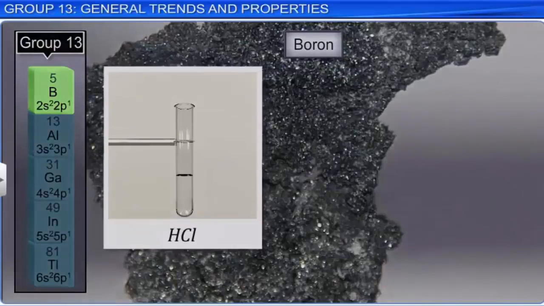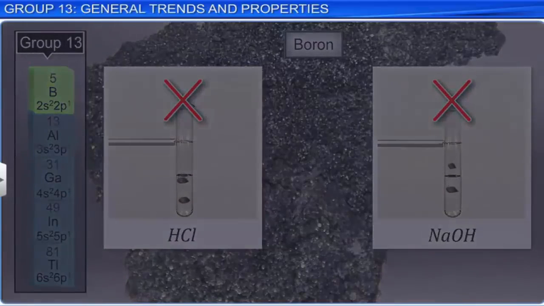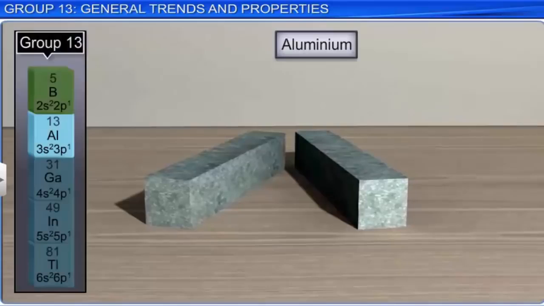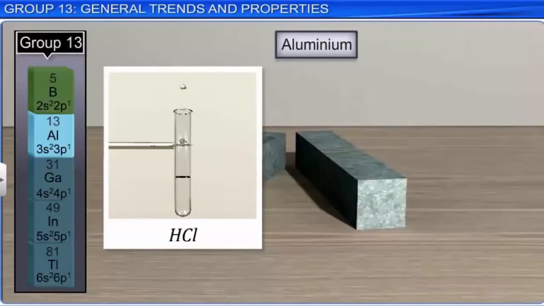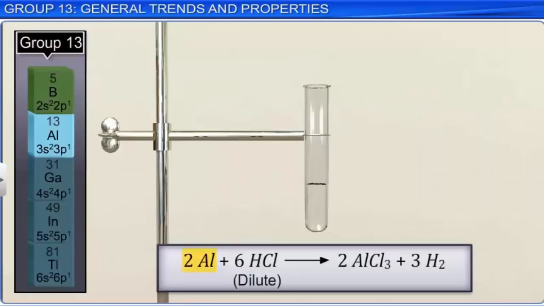Boron does not react with acids or bases. Aluminium is amphoteric. It dissolves in mineral acids, such as HCl, and it dissolves in aqueous alkali solutions. Aluminium reacts with dilute hydrochloric acid in a single replacement reaction, as shown here.